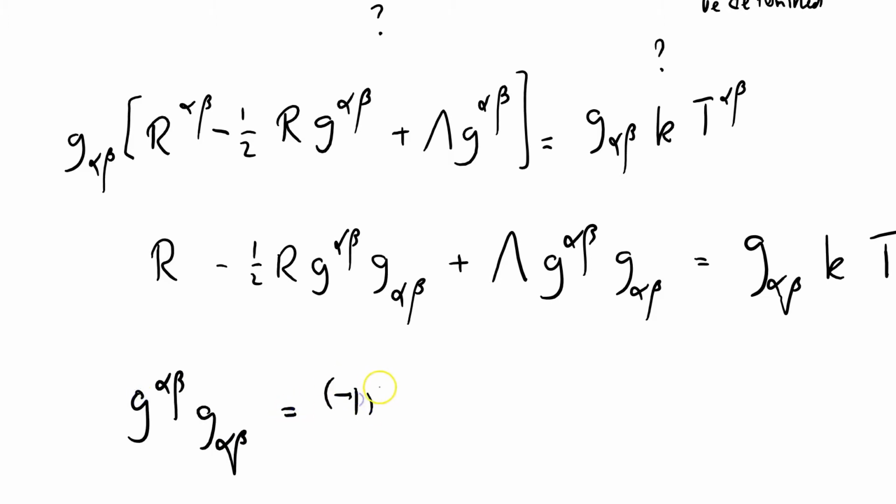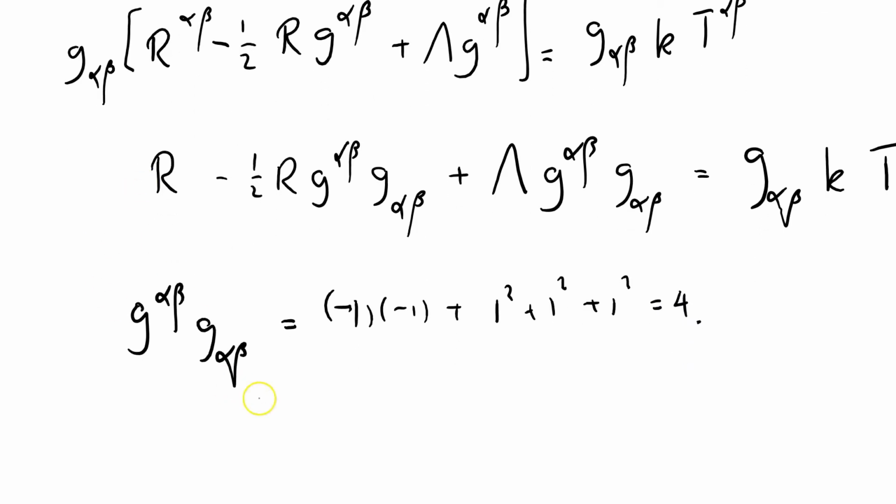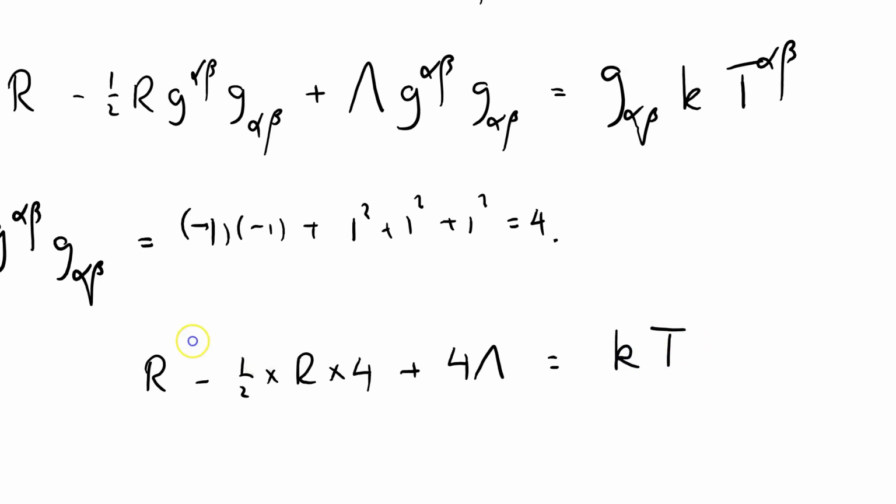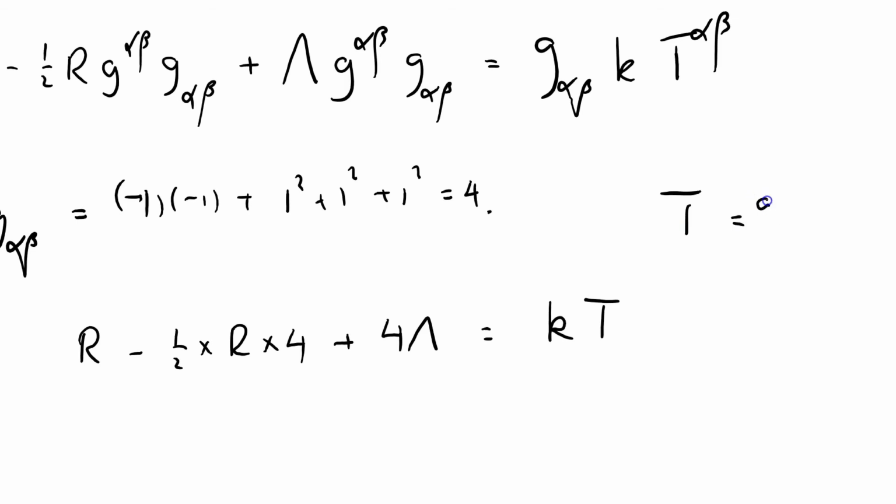So g alpha beta, you'll remember that the metric tensor is its own inverse, and that's just minus 1 times minus 1 plus 1 squared plus 1 squared plus 1 squared equals 4. So I can rewrite this equation here as R, the Ricci scalar, minus a half times the Ricci scalar times 4 plus 4 cosmological constants equals k times T, where T equals the twice contracted stress energy tensor, like that.